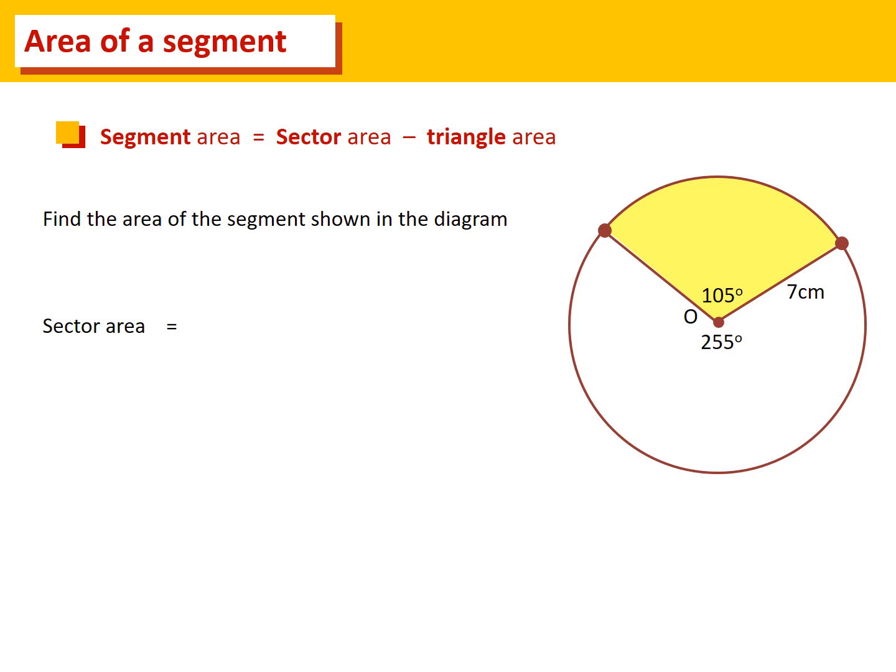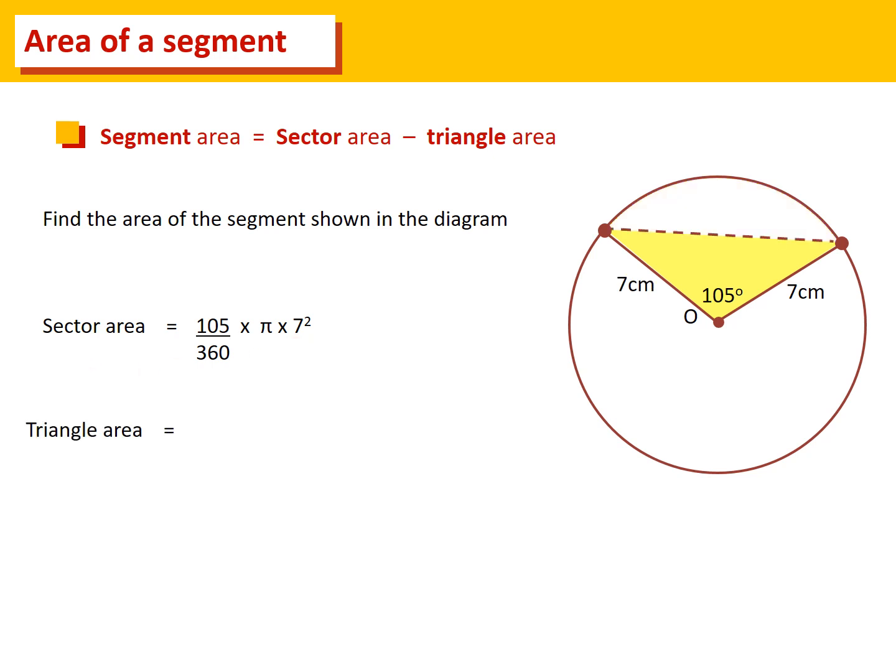So the fraction of the circle, shaded yellow, is 105 out of 360. And then pi times 7 squared would be the area of the full circle. So we have a fraction of a full circle, and that represents the sector area.